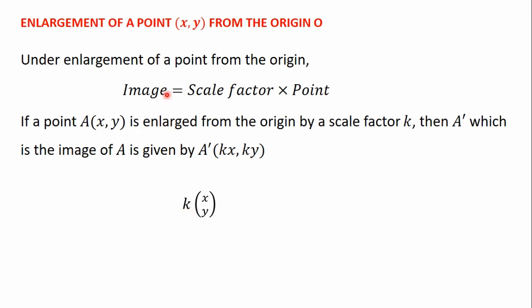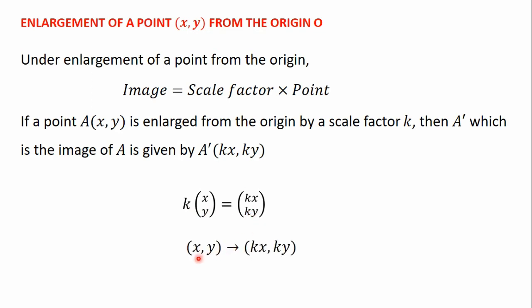So the image will be equal to the scale factor, which is k, times the point, which is (x, y). From the videos on vectors, we learned how to do this multiplication. We learned that this will give us k times x, which is kx as the x component, then k times y, which is ky as the y component.